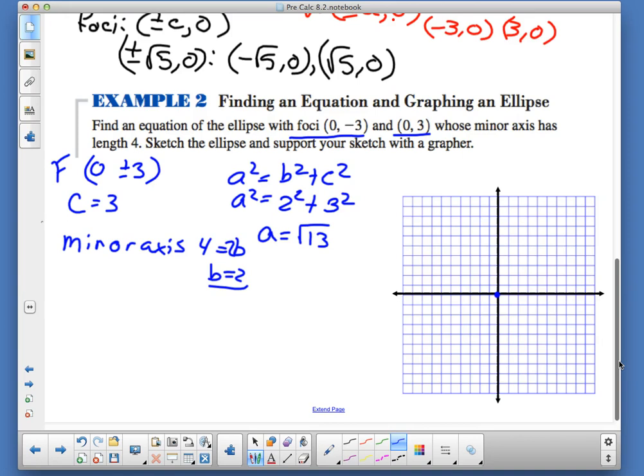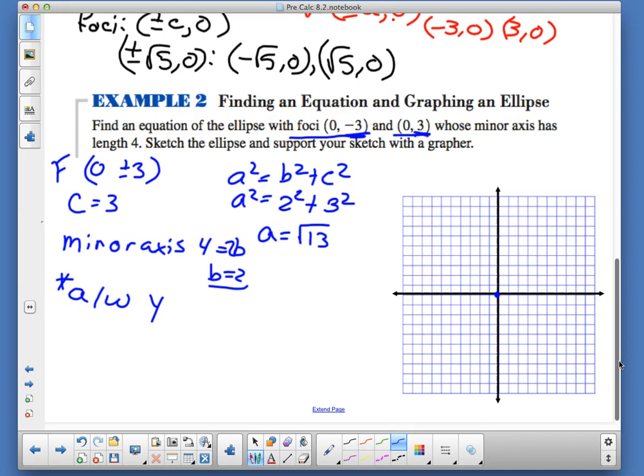So now I know my vertices on the end, but you have to keep in mind, A is with Y. That's an important piece. And how do I know? Because right here, my foci is with Y. So my A is with Y as well.